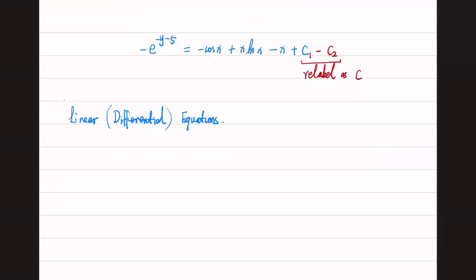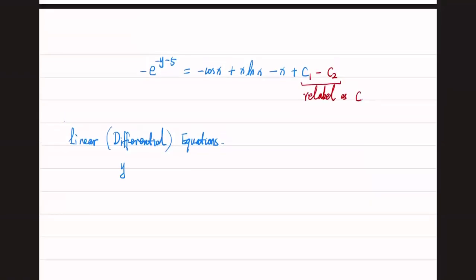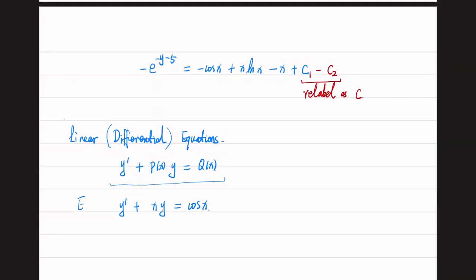It has a very special form. y derivative... If it's this form, let's see an example. How to solve this differential equation?